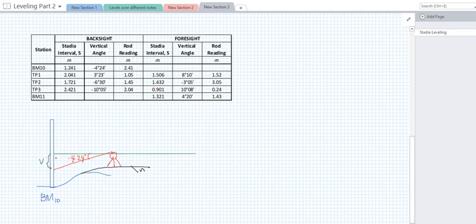And then we have the rod reading of 2.41. This has an elevation of 42.852 meters.